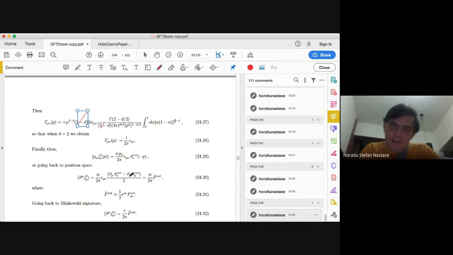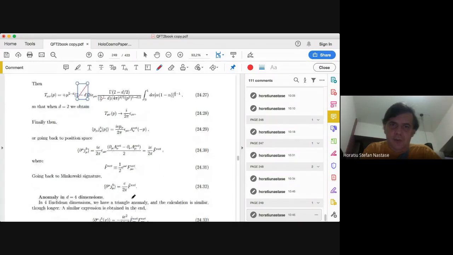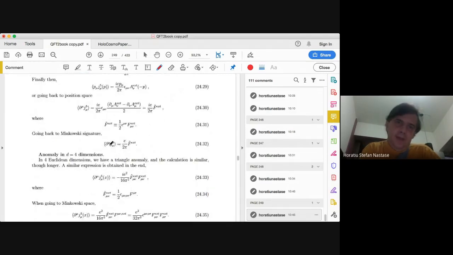And this is the field strength. So finally, in the end, what I get is I e over 2 pi times this F tilde external, which is just 1/2 epsilon mu nu times the external F mu nu. Okay, so finally going back to Minkowski signature, the anomaly is e over 2 pi times this F tilde external.